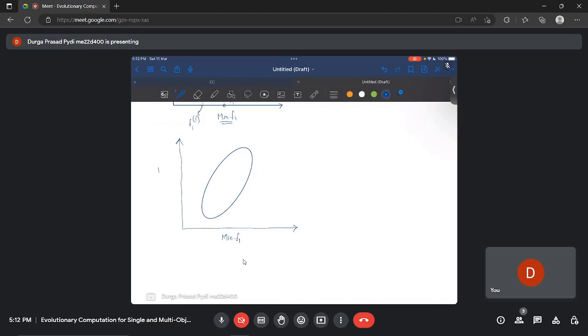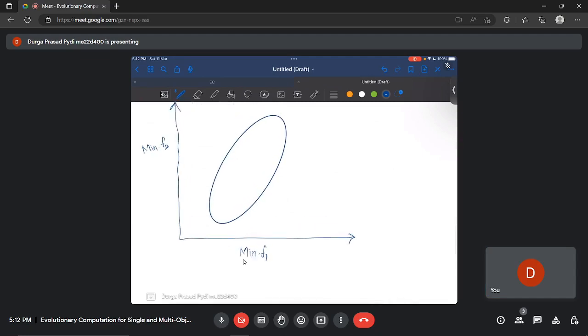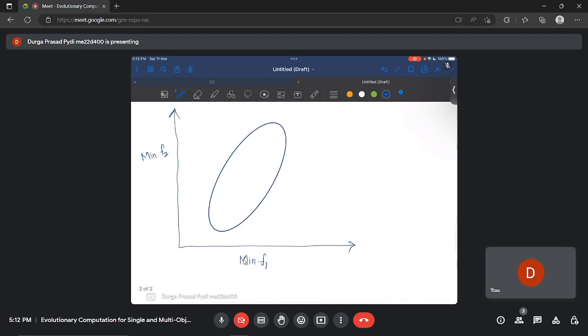So both are minimum, and the shape of your objective space is something like this. Then what is going to happen? It will be similar. Earlier you gave an example where the ellipse was turning left side. Now it is turning right side. Here also it will be the same. You want to minimize f2, so when you want to minimize f2, you should essentially be somewhere in this region, right?